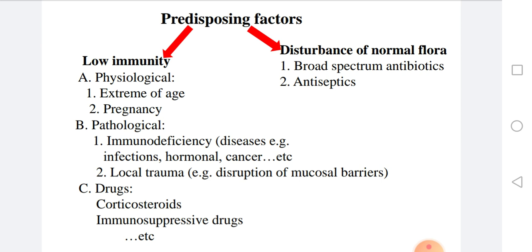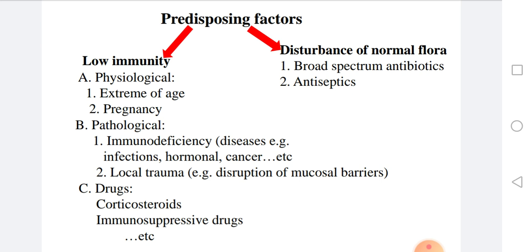The other, low immunity. When the immunity of the person drops, Candida albicans becomes virulent. That is, say, has the ability to cause diseases.